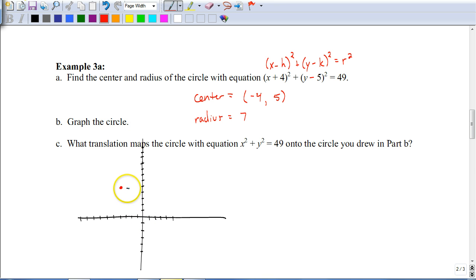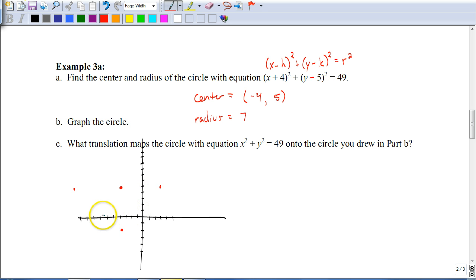Go to the right 7 units. So 1, 2, 3, 4, 5, 6, 7 would be right about there. We're going to go down 7 units. So 1, 2, 3, 4, 5, 6, 7 would be right about here. Go to the left 7 units. 1, 2, 3, 4, 5, 6, 7. Right about there.